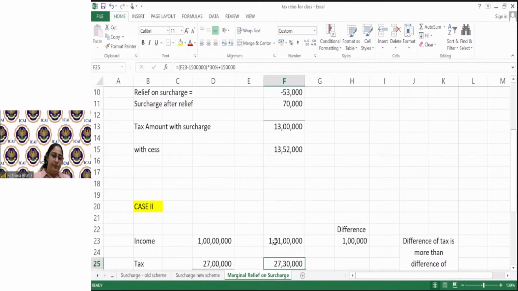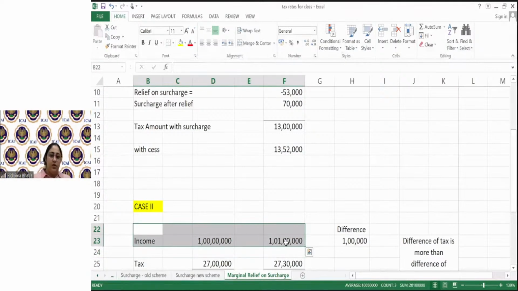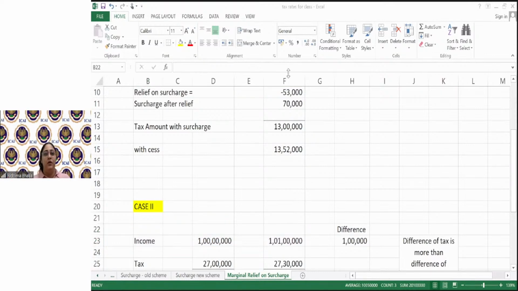Quickly tell me how much would be the surcharge on income of 1 crore 1 lakh. You have 1 minute का time. Quick.